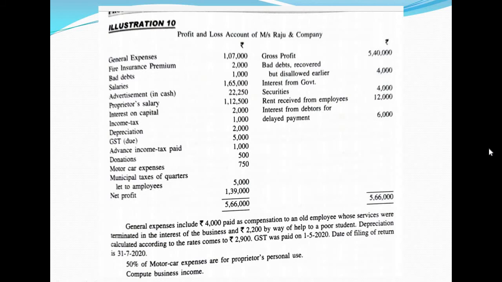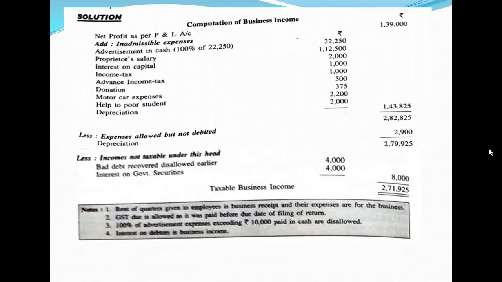So out of the total general expenses of 1,07,000, the 4,000 paid as compensation is an allowable expense, but the amount given to the poor student is an inadmissible expense. That is why it has been added back to the net profit. Then the depreciation not calculated under the Act also has to be added back to the net profit.